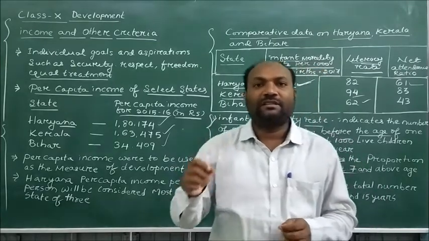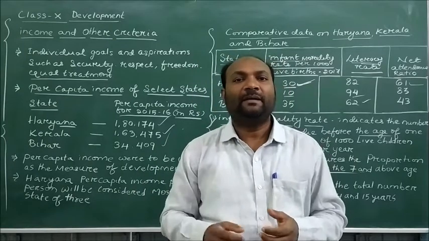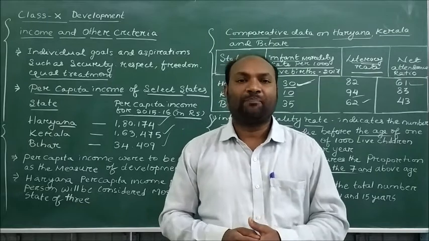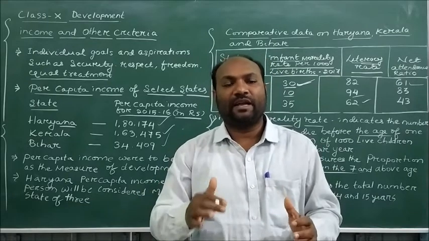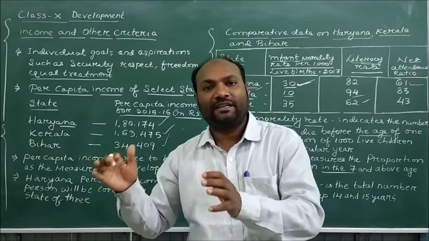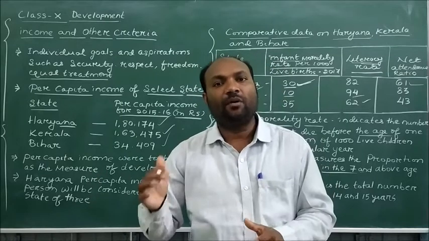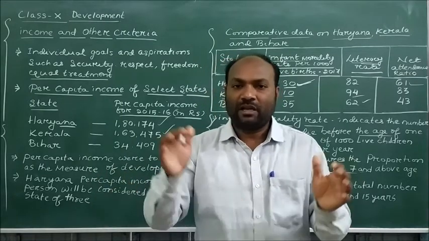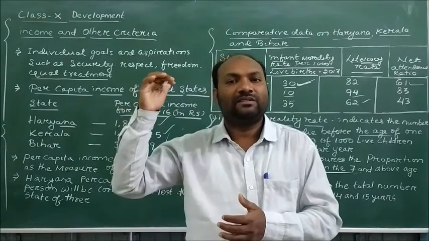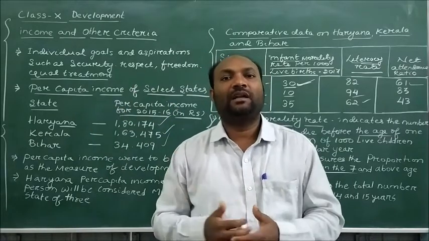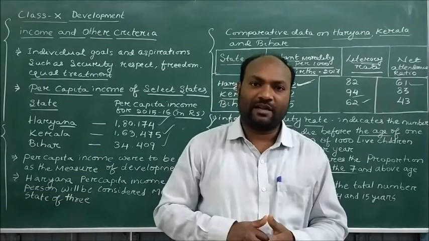All these aspects are very important to lead a better life in society. Without having all these desires and achievements, it's very difficult to lead a dignified life in society.